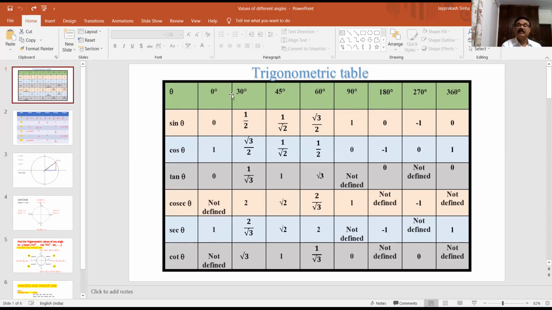These angles you can find very easily because I have already taught you the method to get these values. Now you can also find the angles in between, like 120 degree, 150 degree, 210 degree. 210 degree means 180 degree plus 30 degree. 150 degree means 180 degree minus 30 degree. Like that, you can find all the values.